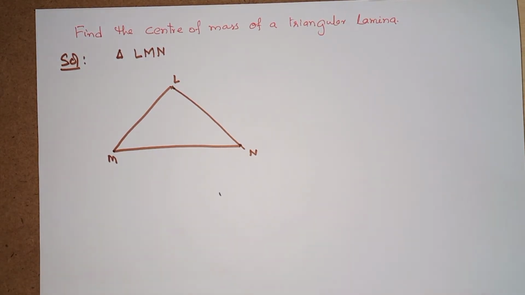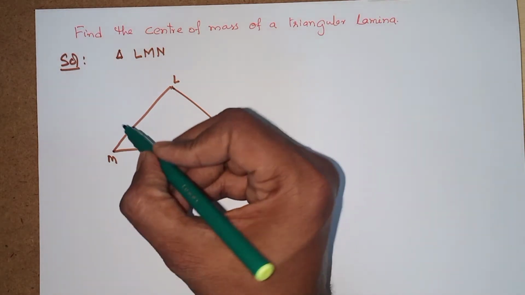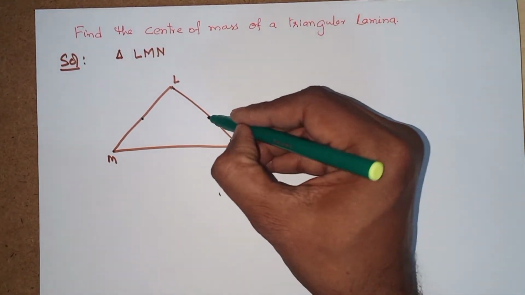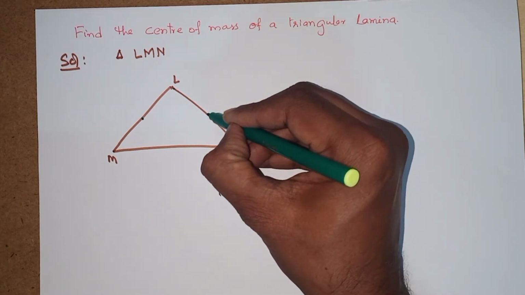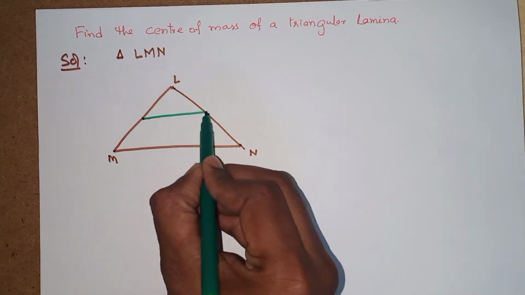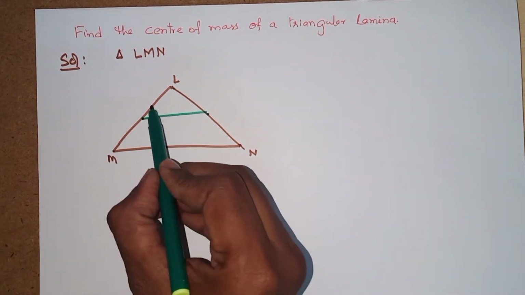Now further you need to divide it into strips. Identify the midpoint of LM and the midpoint of LN, and make a strip over here and another strip.